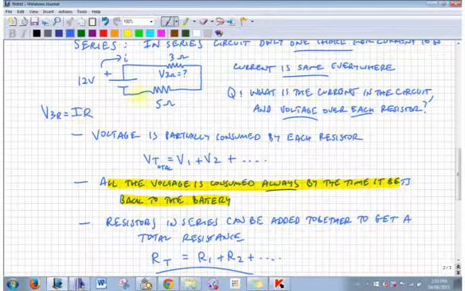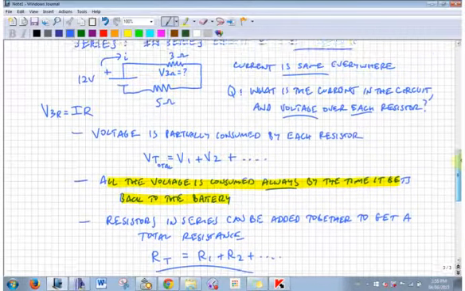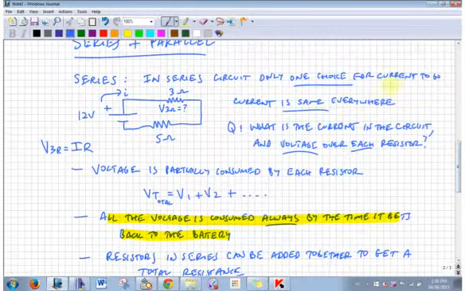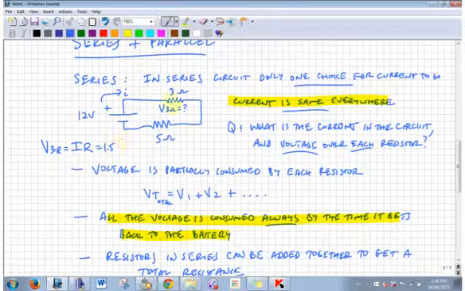V is IR. What's the current through this resistor? It's 1.5 amps because it's the same everywhere, right? Current is the same everywhere. So I know that's 1.5. I know the resistance, that's 3 ohms. So V3 is 4.5 volts.